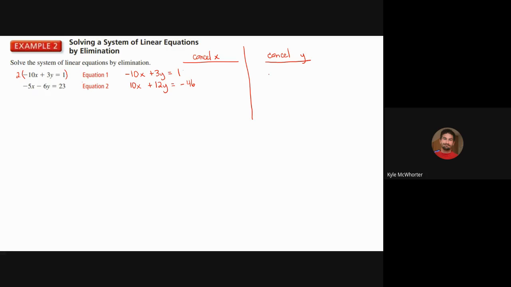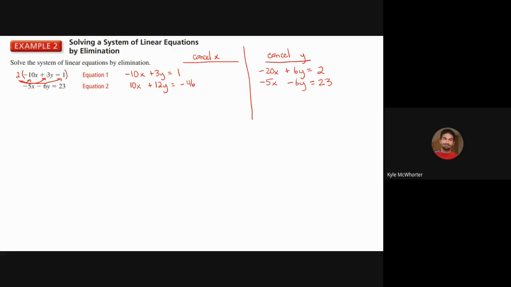That would give me 2 times -10x, that's -20x. 2 times 3y, that's positive 6y. And then 2 times 1 is 2. And then I would just write equation 2 under it: -5x minus 6y equals 23.